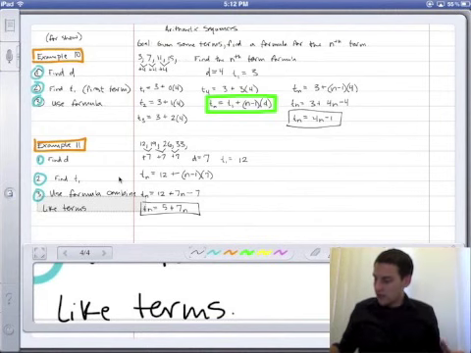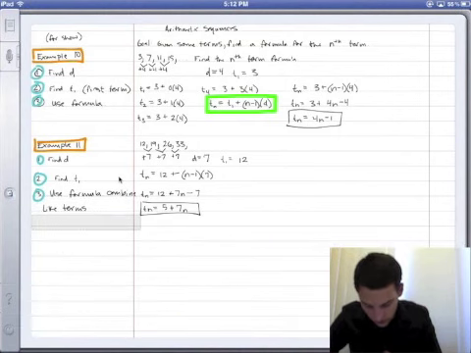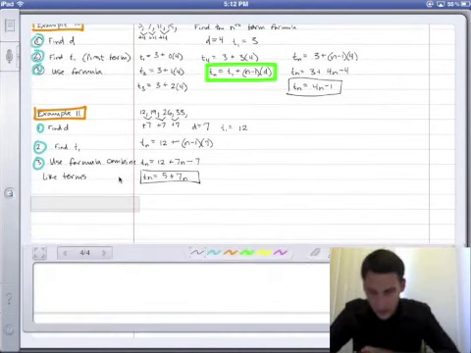Easy stuff. So easy. So this one is one that you can use on your homework easily. Very easy.